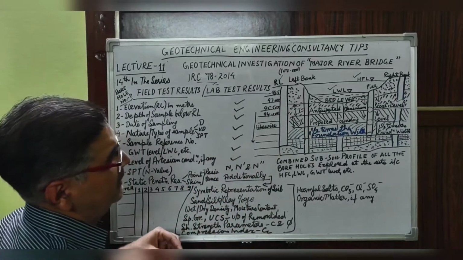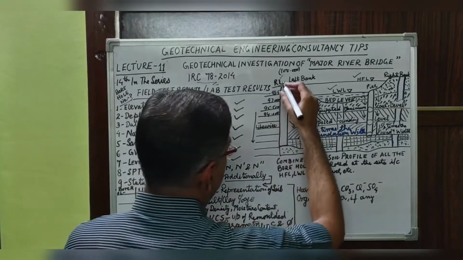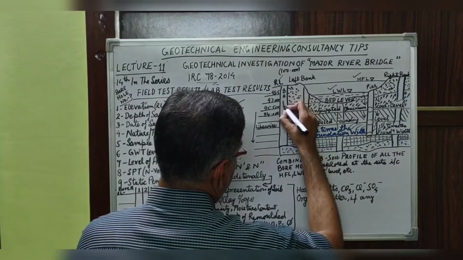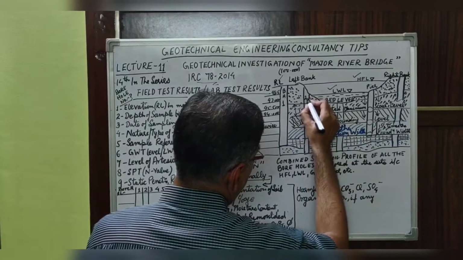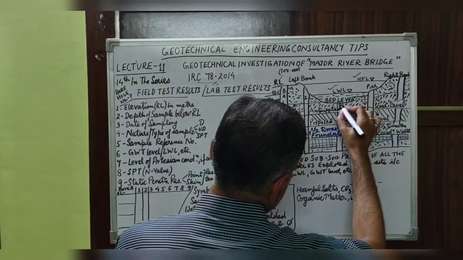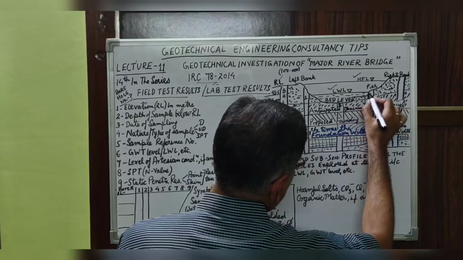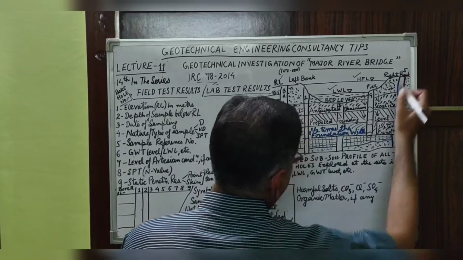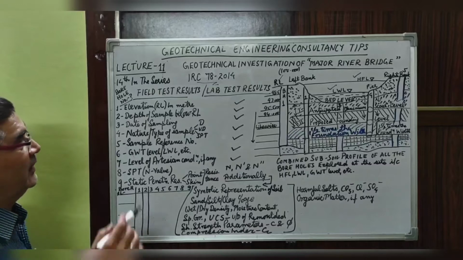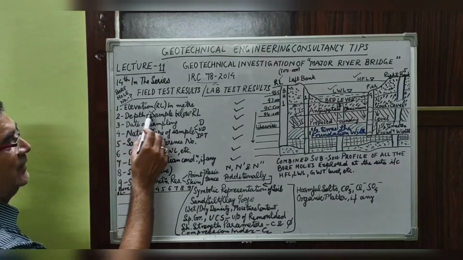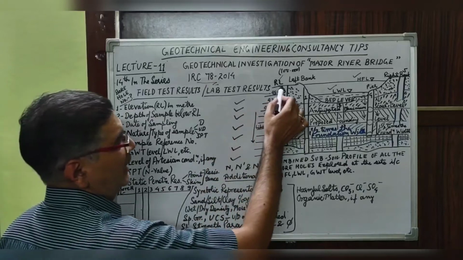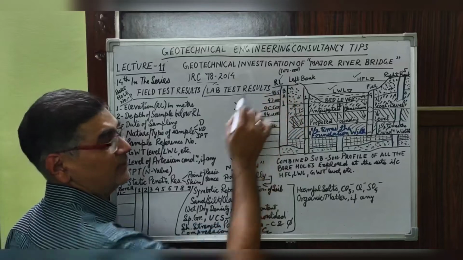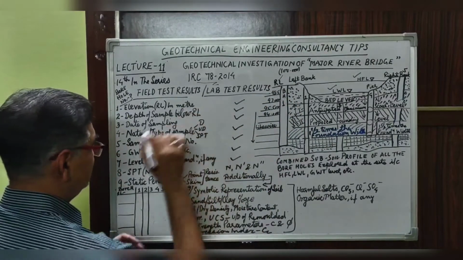Like this, you can say this is a profile which I am referring to, with BH1, BH2, borehole 3, borehole 4 and borehole 5. So first of all, we have to mention the borehole number, then the elevation, the reduced level, that is the RL, the top RL from where we start the investigation depth, that is the reduced level of that very borehole in meters.